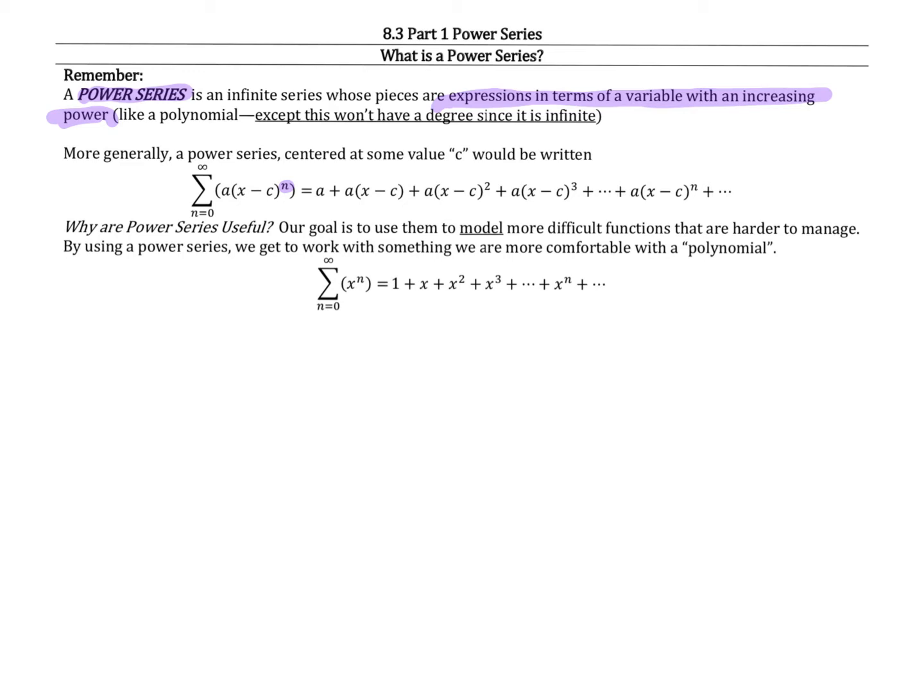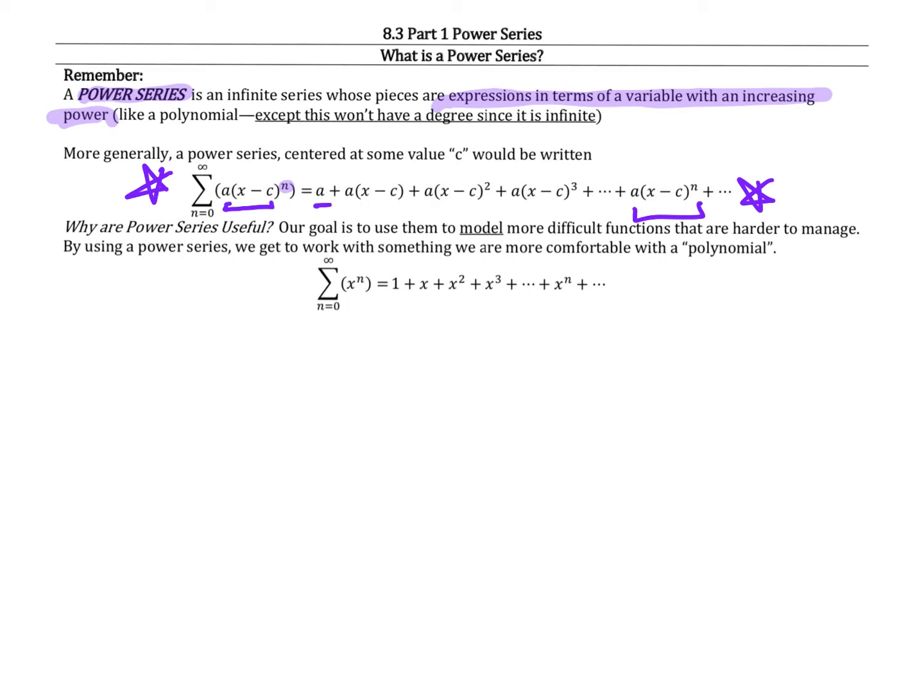So we talked about the general form of a power series, a geometric power series, which is centered at c, so a being the first term, which would be what we get if we plug in n equals 0, times x minus c, so x minus the center value, to the power of n. And if we expand that out, this is the expression that we would get. So here we have our general term.